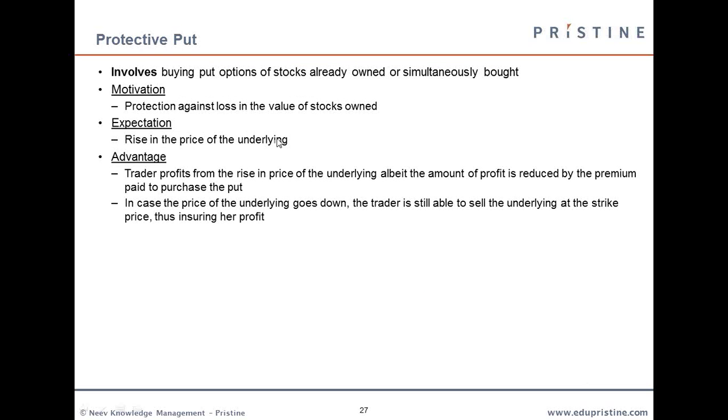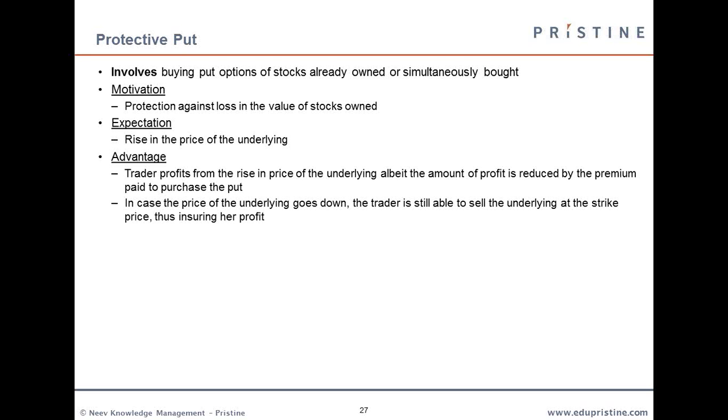The second popular strategy that traders use is the protective put. Here, we have stocks and we buy put options. Instead of selling call options, which we did in the other strategy, we buy put options on the stocks that we already bought. Here, again, the objective is the same.